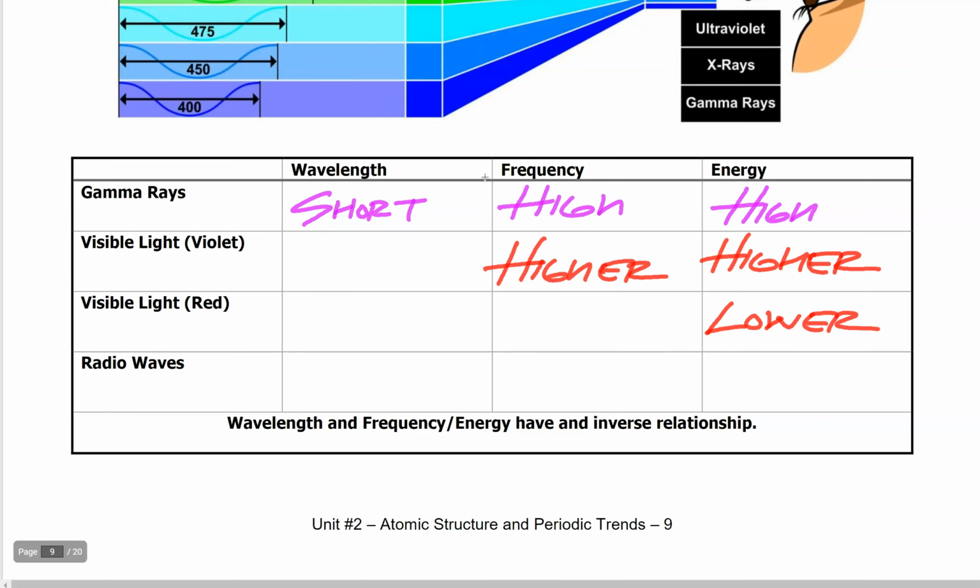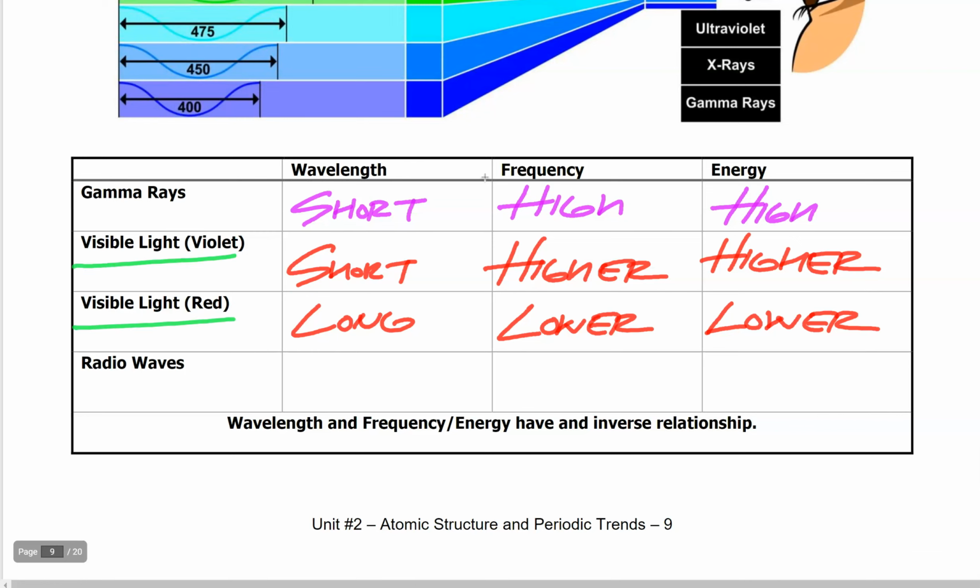You would not consider red light or violet light high or low overall, since they're dead in the middle of the spectrum. But in consideration to each other, we're looking at them as you would just look at each other. This is a pretty common test question, where you compare the parts of what you can see and then compare how they relate to each other.